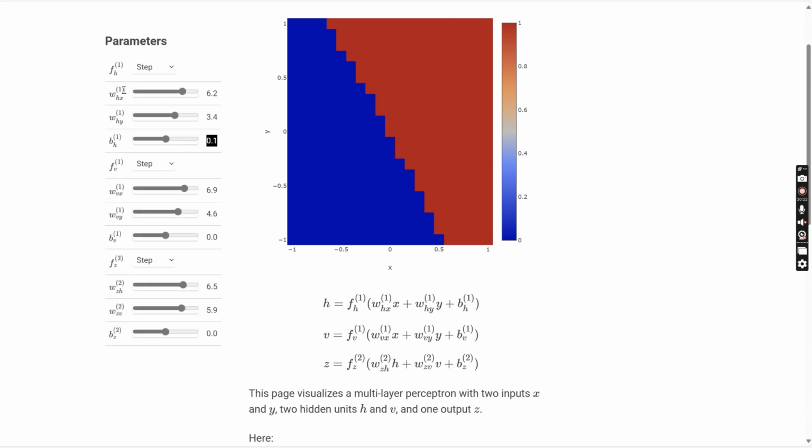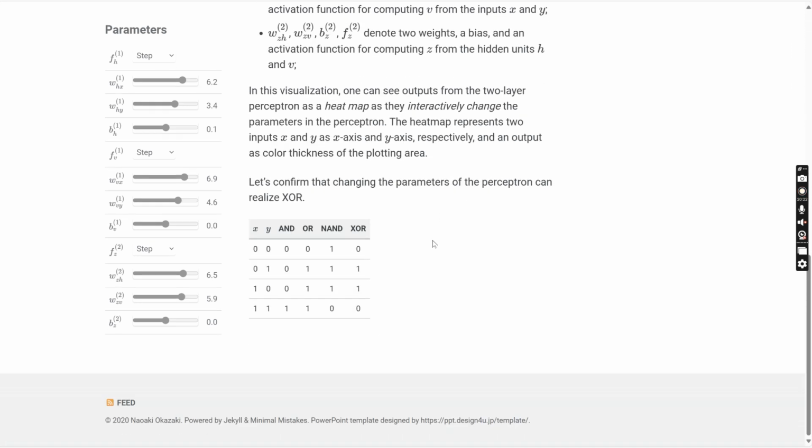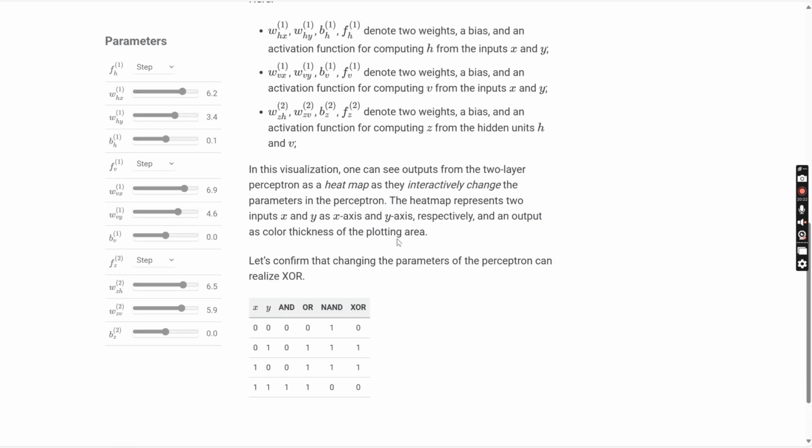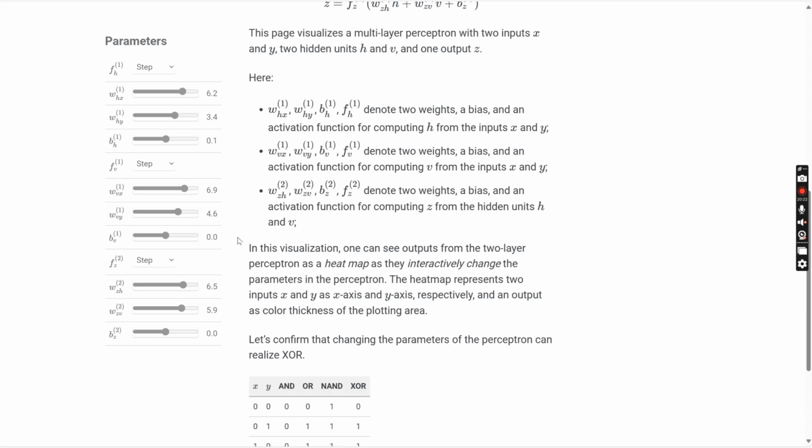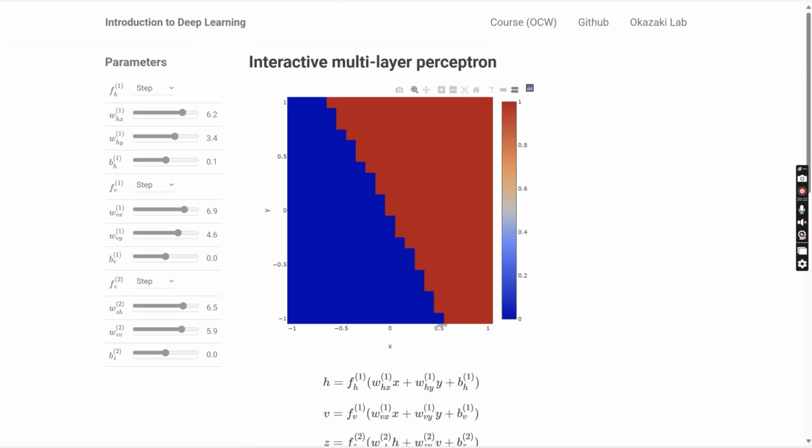So nothing but w1 h1, that is 6.2, into the x value, the color value. Here it is -1, here it is minus 0.3, 0.5, that way, and add this to that. Finally, once you do all these calculations, it is going to pass those values into the various activation functions that we have selected.